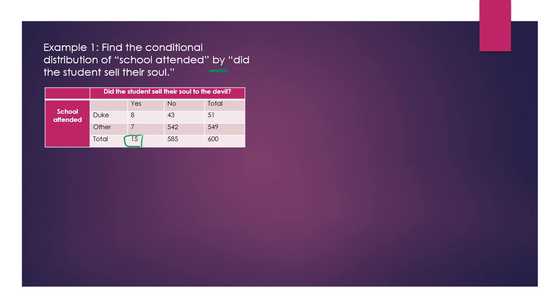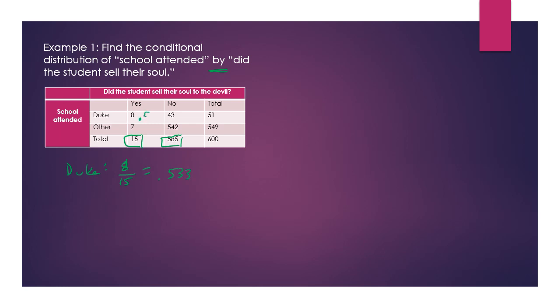Really what we're asking here is, among all the people who said yes, if you randomly selected one out of that group, what's the probability they attended Duke? So the Duke part of that would be 8 out of 15, which works out to about 53.33%.